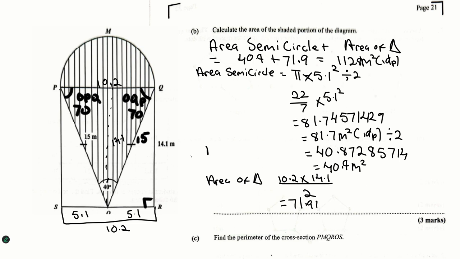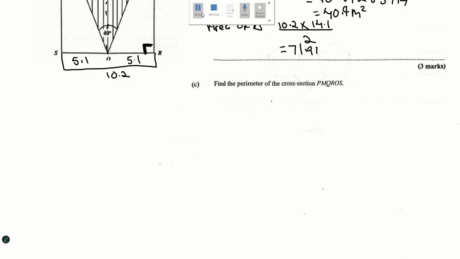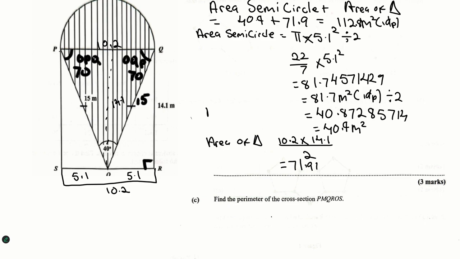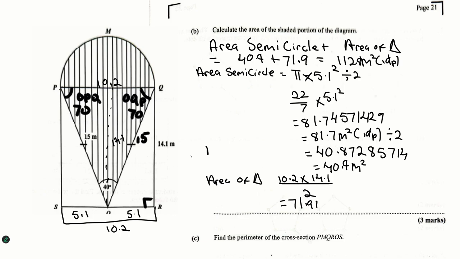Now, find the perimeter of the cross section of PMQROS. Hold on.